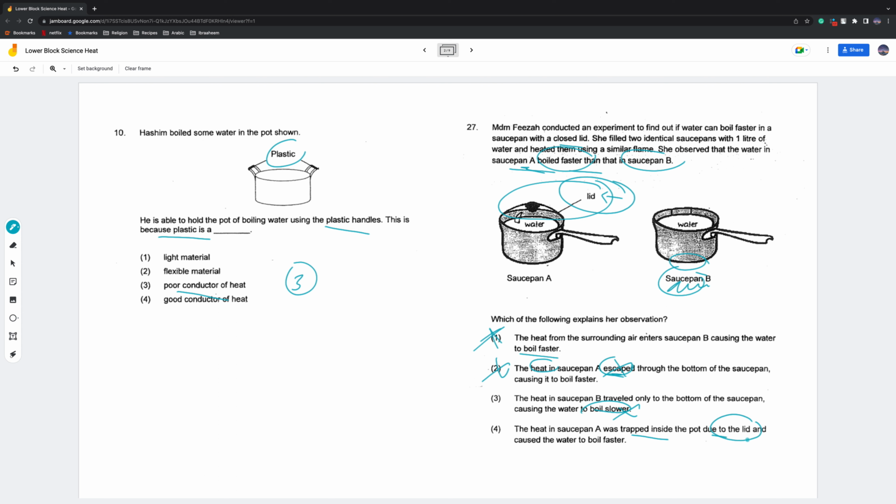There you go, this is the keyword. So the answer is number 4. Once you know what to look out for, it gets simpler. The changed variable affects the result, so the focus is on the lid. The answer must have something to do with the lid.